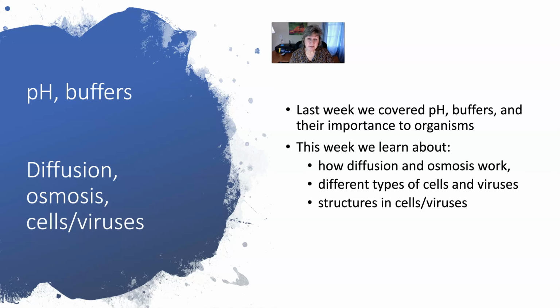Diffusion is the principle where molecules move from areas of high concentration to low concentration until equilibrium is reached, or the molecules are just equally dispersed over the area. That makes sense. Osmosis is the movement of water across a semi-permeable membrane. Now, why is this important? Because every cell is surrounded by a membrane.